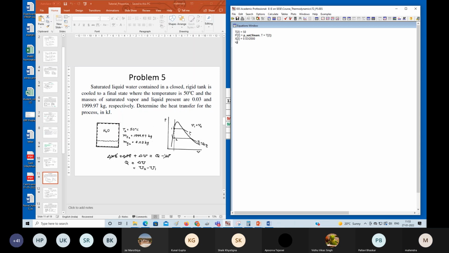Vg, volume steam, equal to T2, comma x equal to 1. That means what is this? Saturation stage. So Vg you are getting over here. Okay, steam, yes.